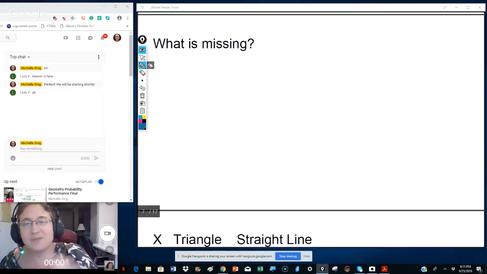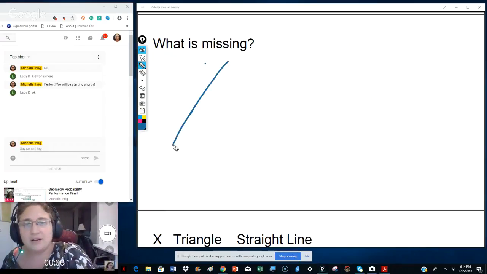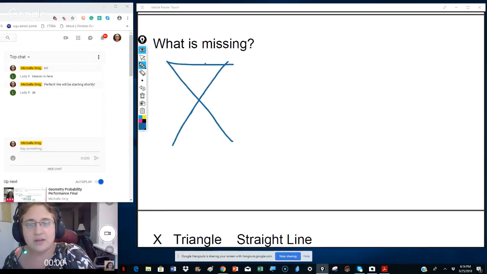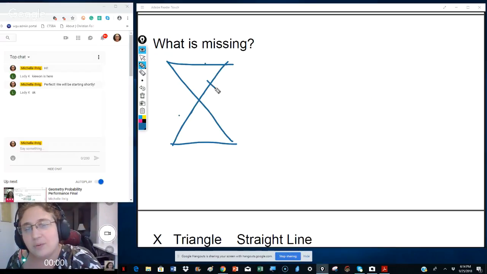What is missing? This is one of the fun ones. Here I've got, let's say, two triangles. Now, the main thing to pay attention to is what are they asking you about? If they give you these sides and they give you these angles, this is where the conundrum is.